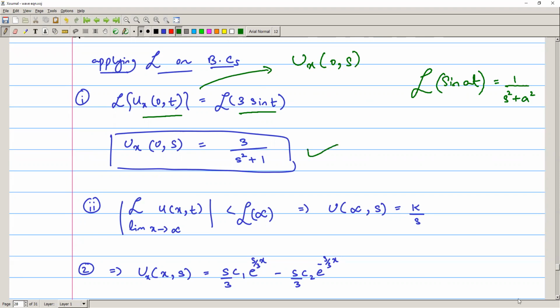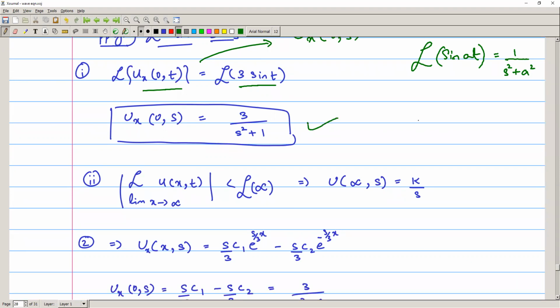Now we'll apply the Laplace transform on the second boundary condition, that is, u(x,t) is less than infinity as x tends to infinity. If this is less than infinity, it means that it is equal to some constant.